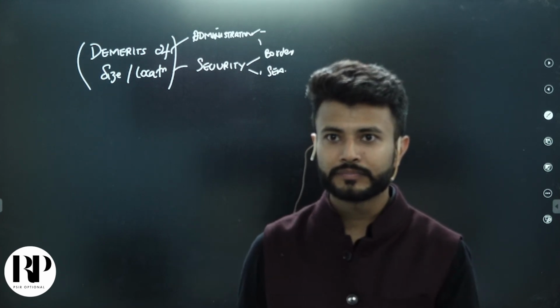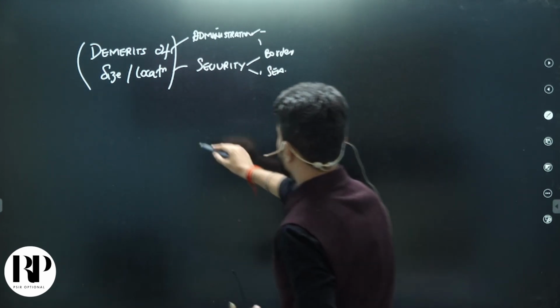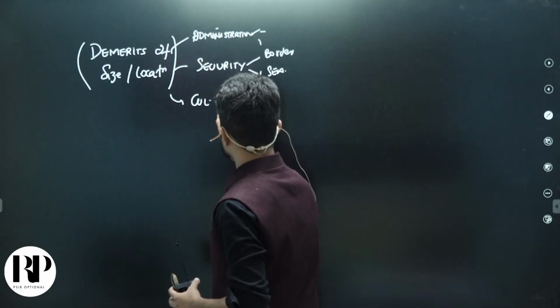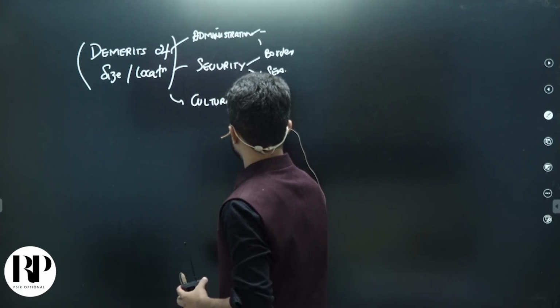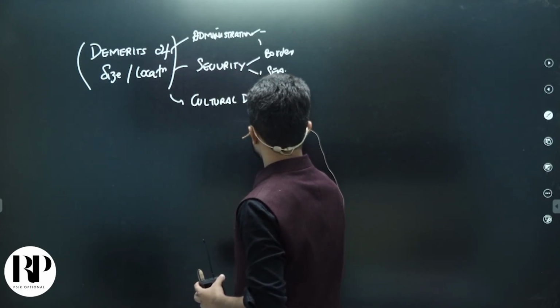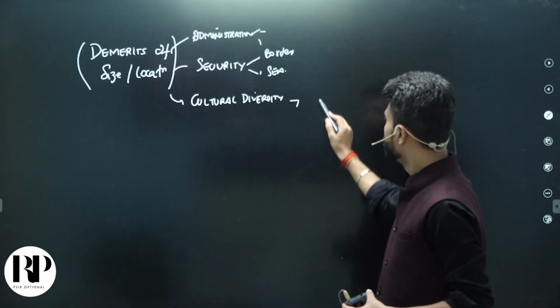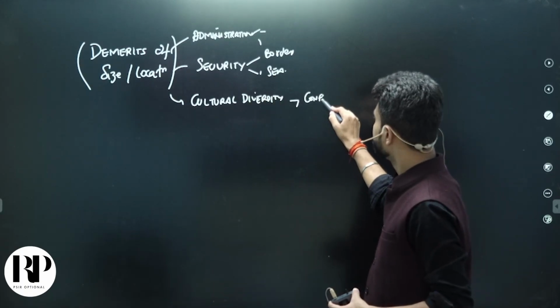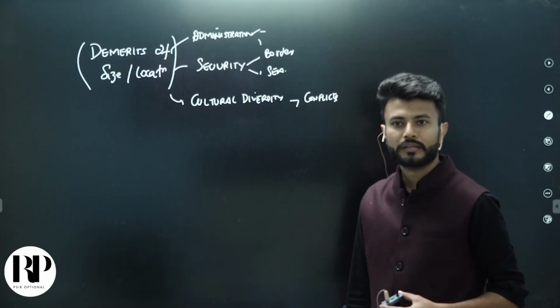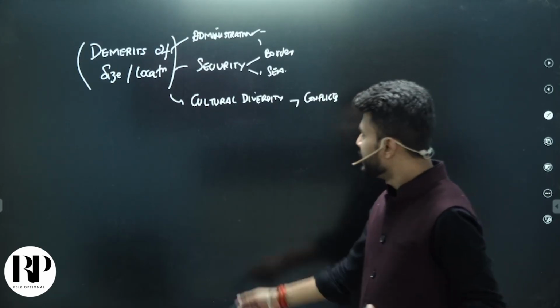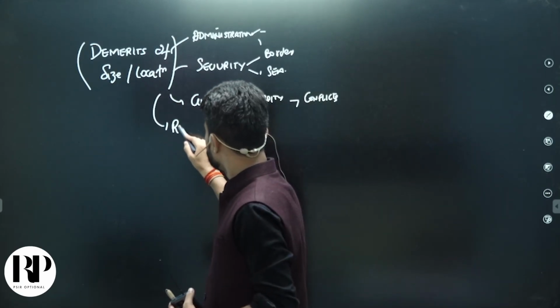Right? Someone wrote, this point is also good. Yes, because you are having a lot of cultural diversity, but then this also leads to various conflicts. Right? Regional disparities, very good point.